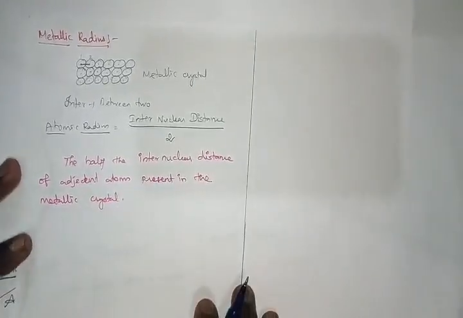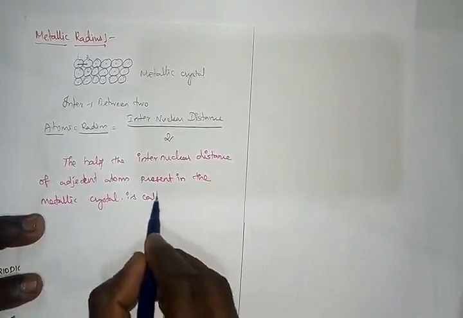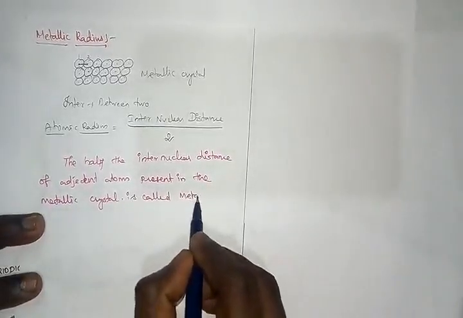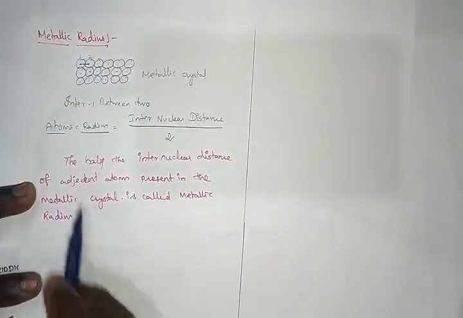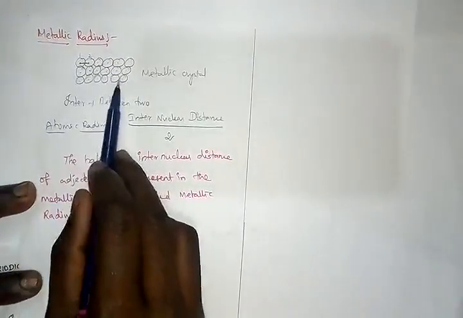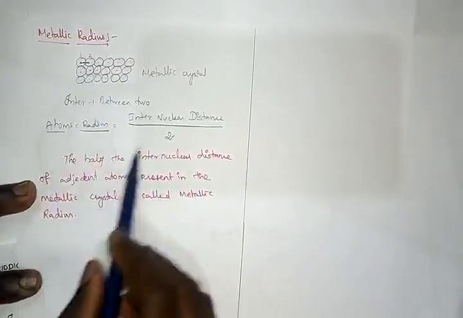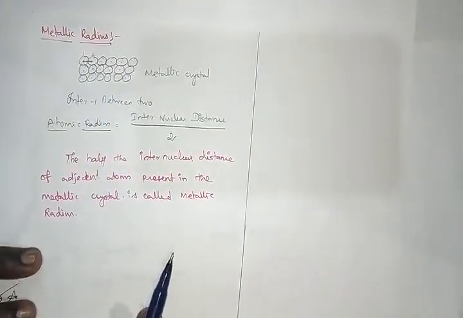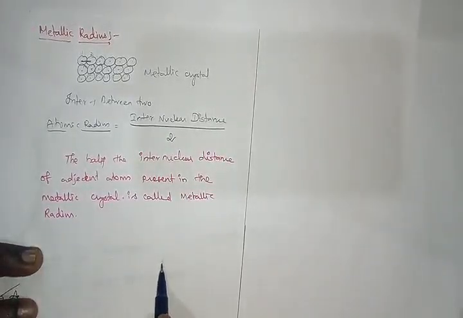It is called metallic radius because all the atoms are interconnected in metals. So when you measure the internuclear distance and make it half, we get the atomic radius. That is the answer, my dear children. It is half of the distance between the nuclei of adjacent metal atoms.